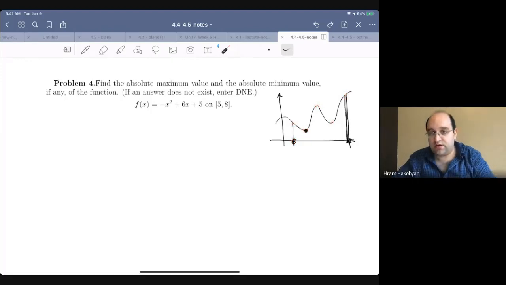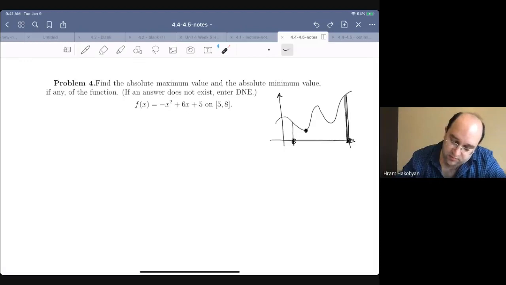When you're finding an absolute maximum and absolute minimum on a closed interval, you also have to check the endpoints. So what's the idea here? We're going to find the critical points in the interval and then compare the values of the function at those critical points and at the endpoints.